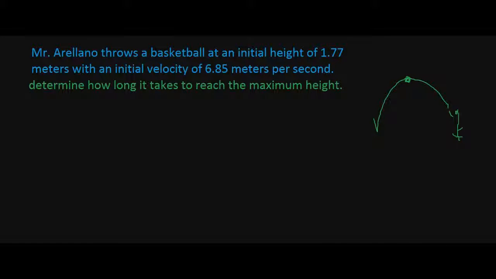That looks like a quadratic equation that's reflected over the x-axis, and the maximum point is our vertex. So when we write our equation, we get y is equal to negative 4.9x squared, and I'm writing x because it's sloppy with this pen.